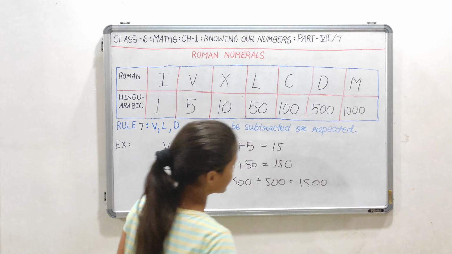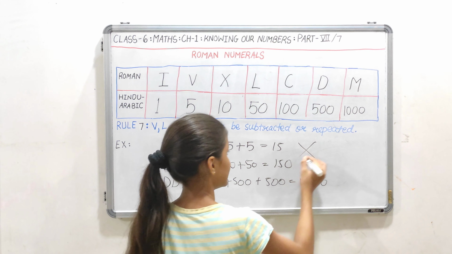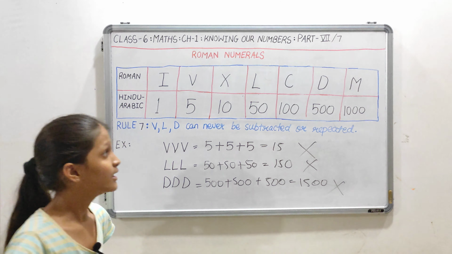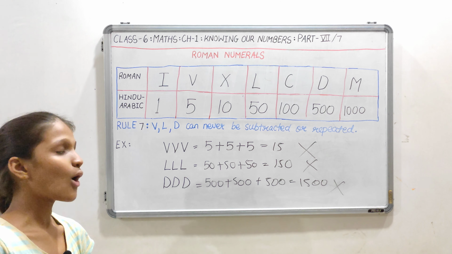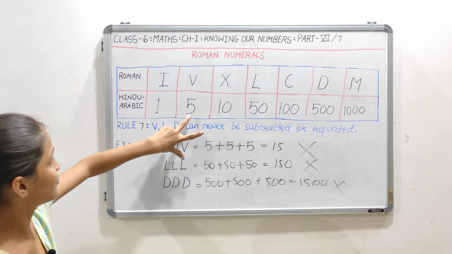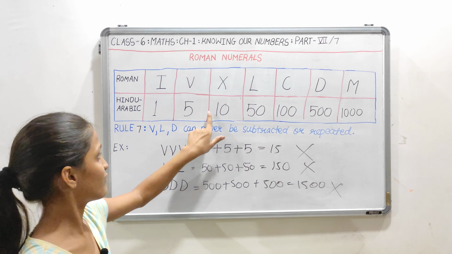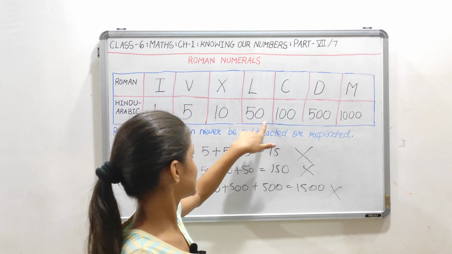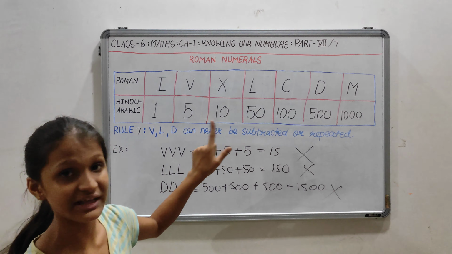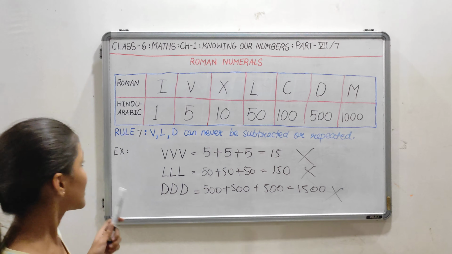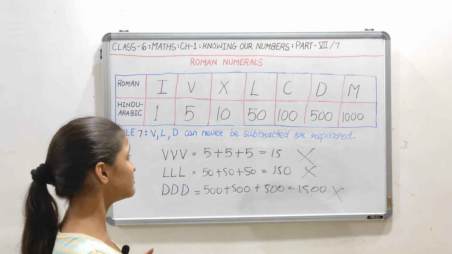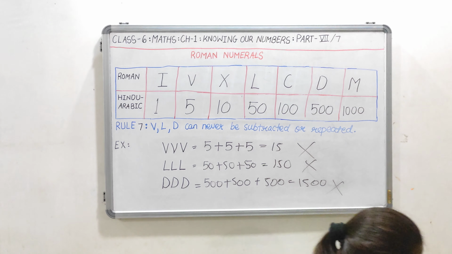Again we get the answer as no. So these three are never possible. And as you will notice, the rule is only for the 5's multiples, 5, 50 and 500. Now let us see how they cannot be subtracted.